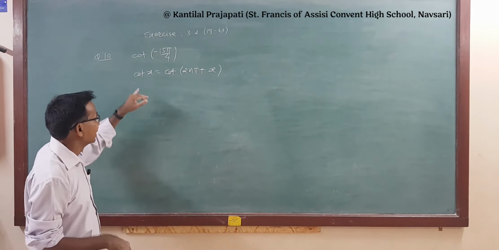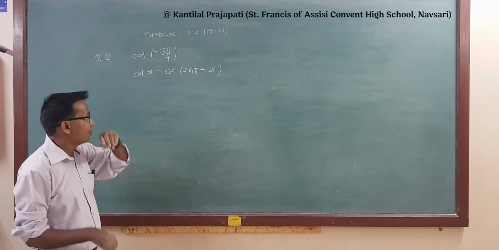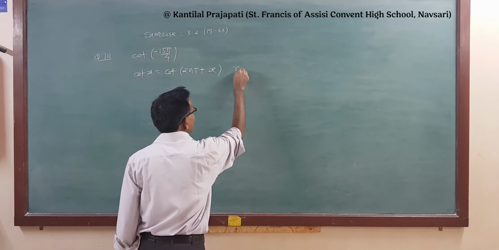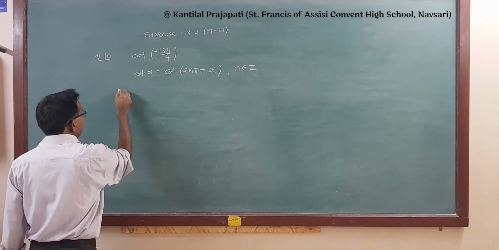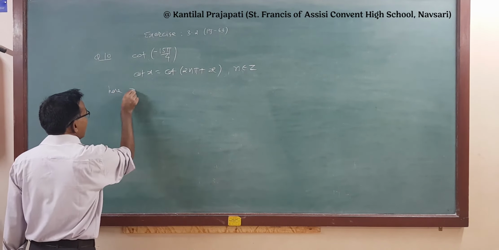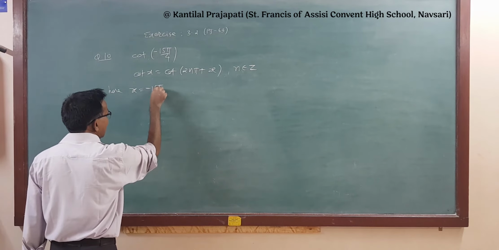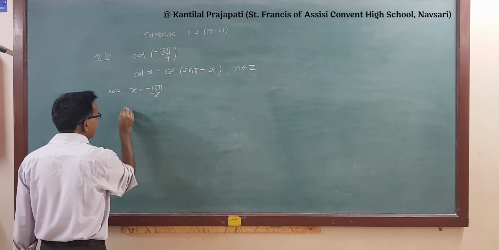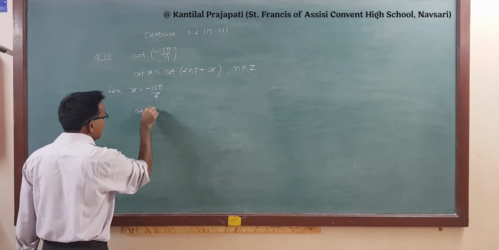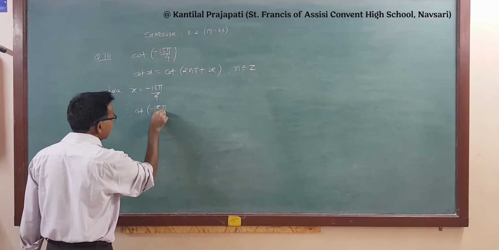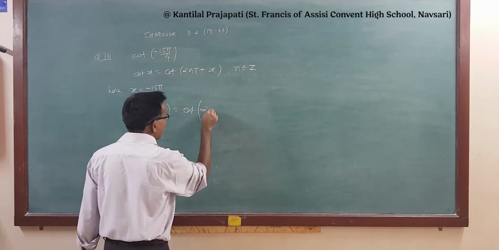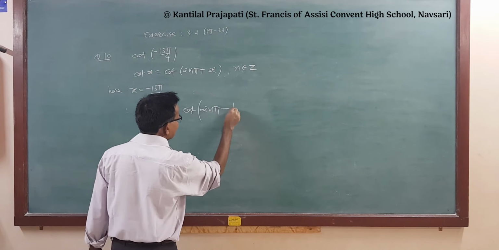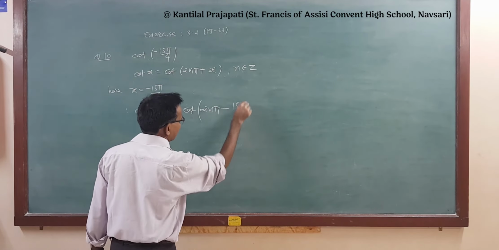So we apply this formula, 2n pi plus x, where n belongs to Z. Put x equal to minus 15 pi by 4, and therefore cos of minus 15 pi by 4 will be written as cos of 2n pi minus 15 pi by 4.